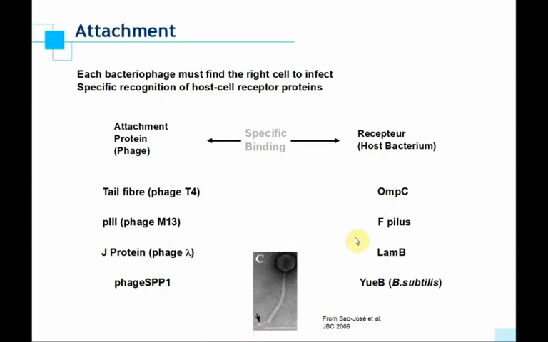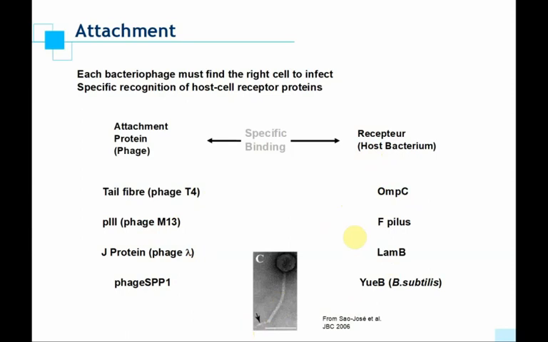So all of these are structures in gram-negative bacteria, but of course, there are many phage which infect gram-positive bacteria. Because the cell wall structure is very different, phage infecting gram-positive bacteria also have to use different types of structures for the entry receptors.